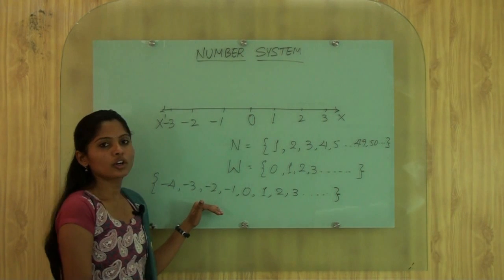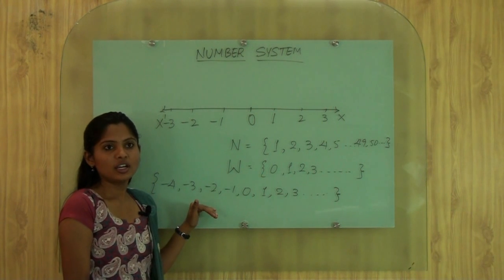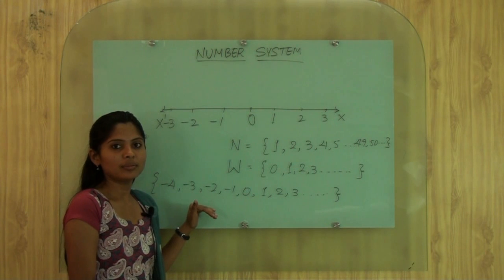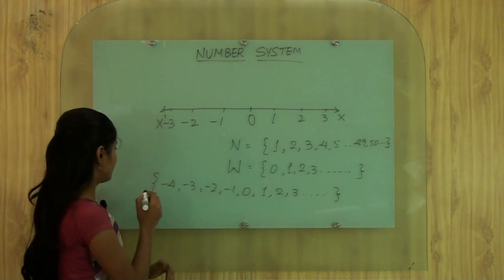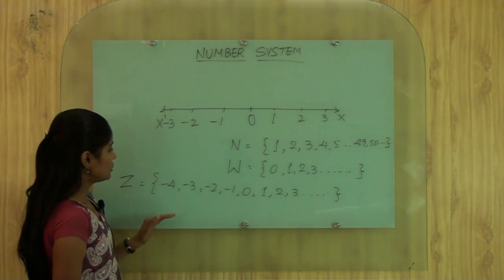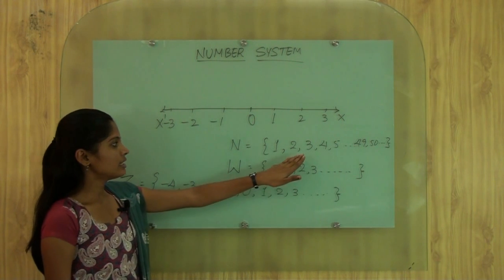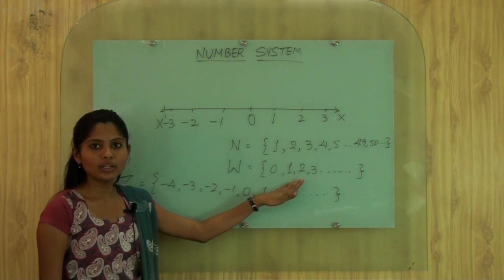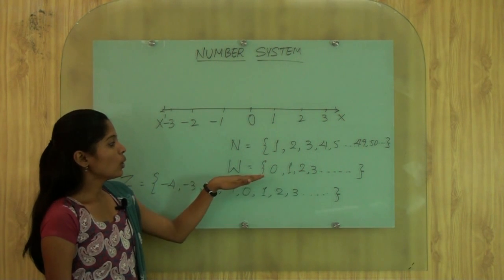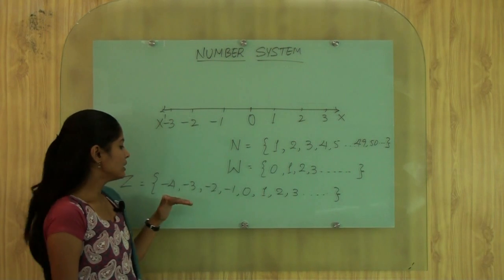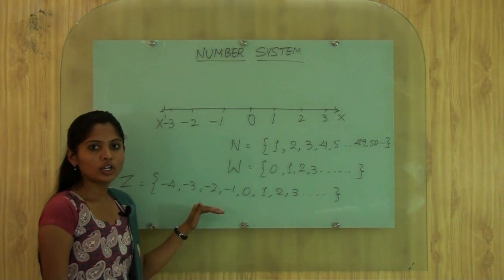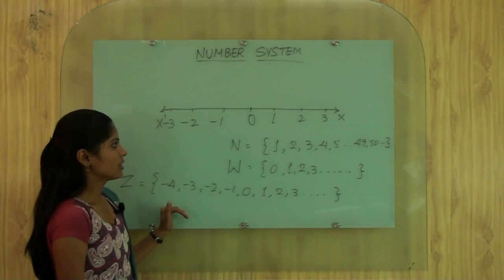These numbers are called integers, which are denoted by the symbol Z. Z is equal to integers, that is, whole numbers along with the negative numbers are called integers.